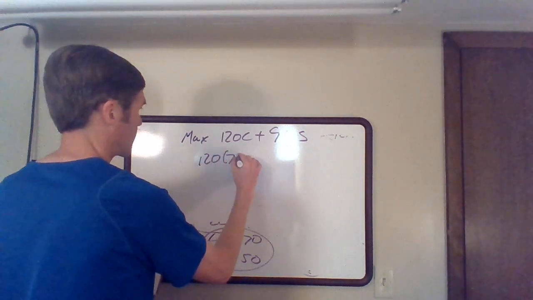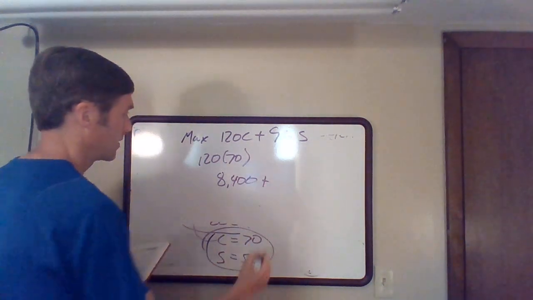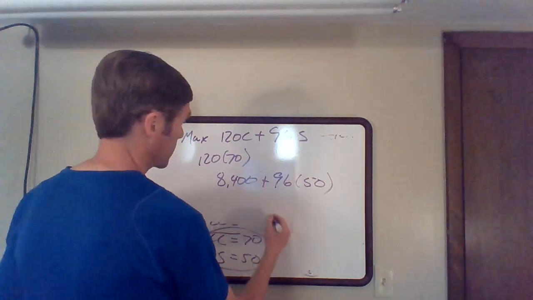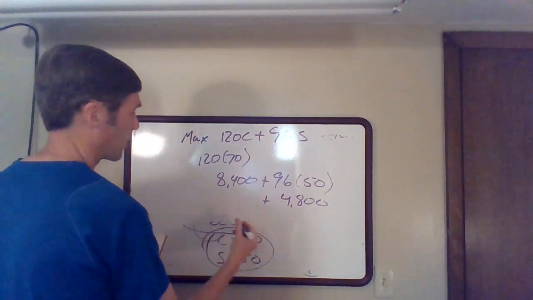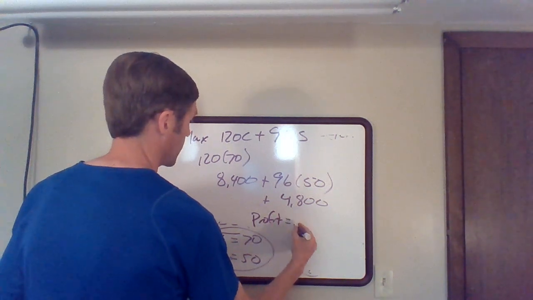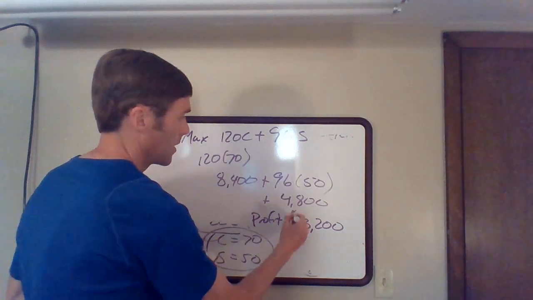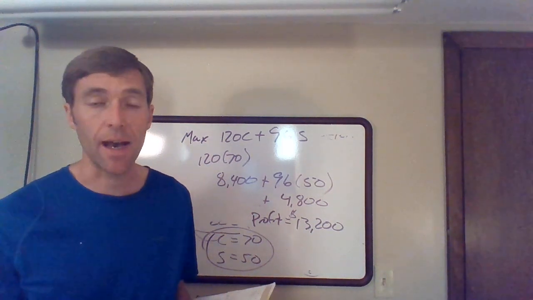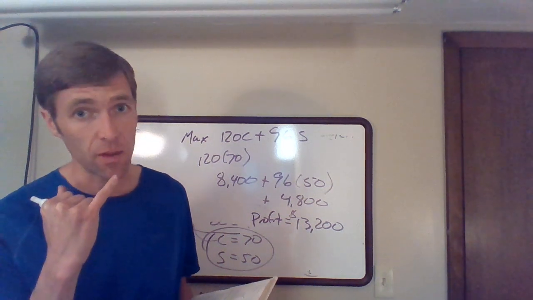Well, 120 times 70 is $8,400 plus 96 times 50 is $4,800. 4,800 plus 8,400, my profit is equal to $13,200, which is a fair bit more than $12,000. So this should give you an idea how, if you continue on with management science, you could make $1 million.